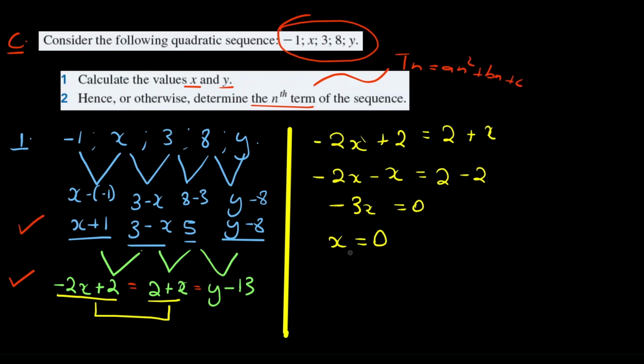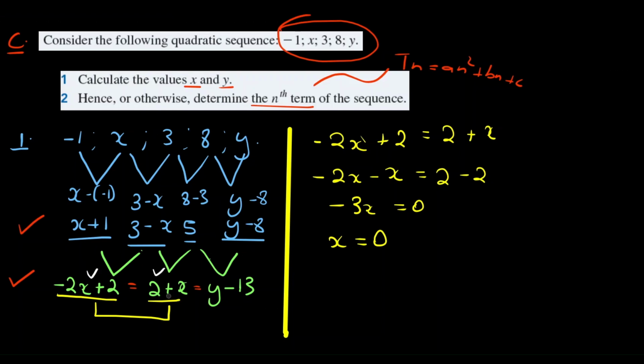So since we found that x is equal to 0, what we need to do is substitute the x where there's x and equate it to the unknown. You can choose either the first expression, or the second, or equate it to the third.